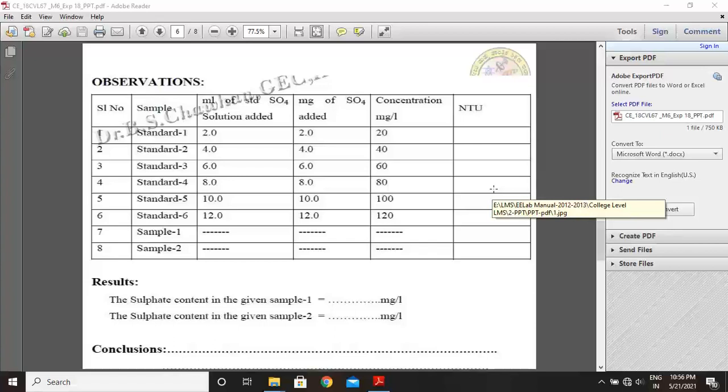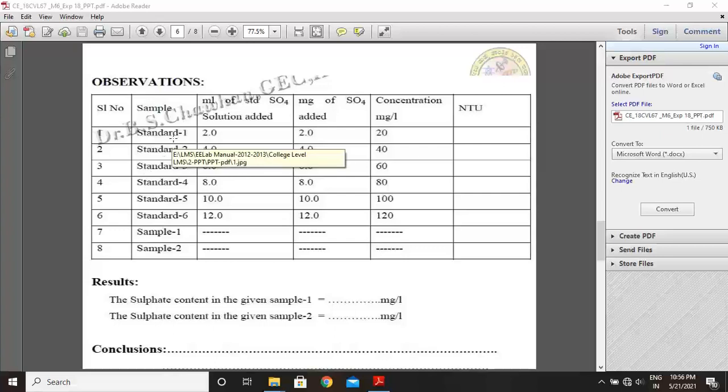In the serial number column we have 1 to 8. Here standards 1, 2, 3, 4, 5, 6 are written, and we add 2 ml, 4 ml, 6 ml, 8 ml, 10 ml, 12 ml of standard solution to each test tube.